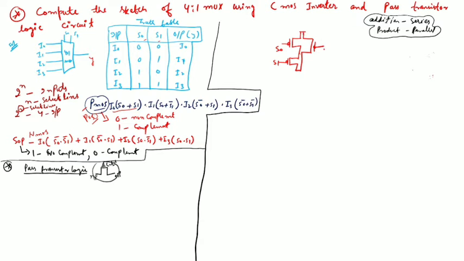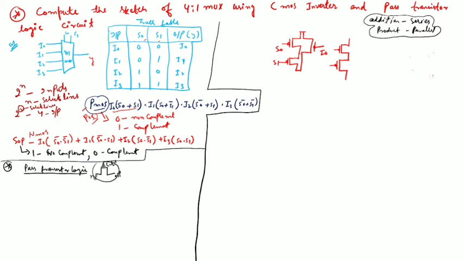This is I0. So this first one is this, second one is dot, meaning multiply, and that is in parallel with this second equation. Then S0, S1, S0, S1, and parallel with I1.